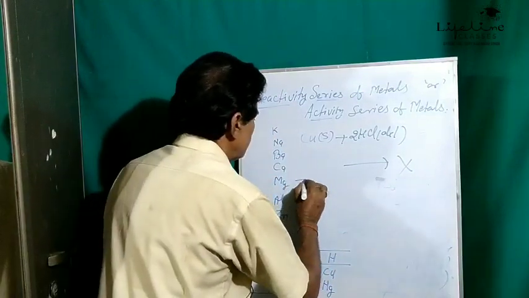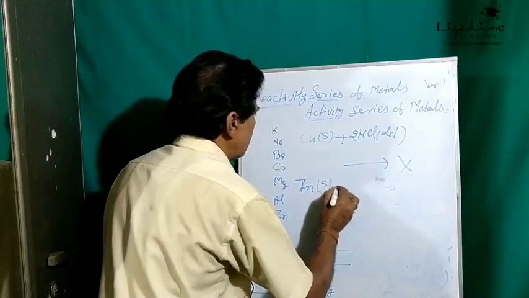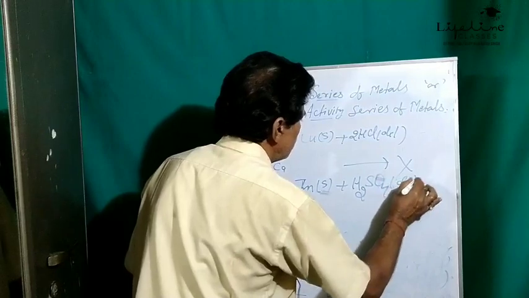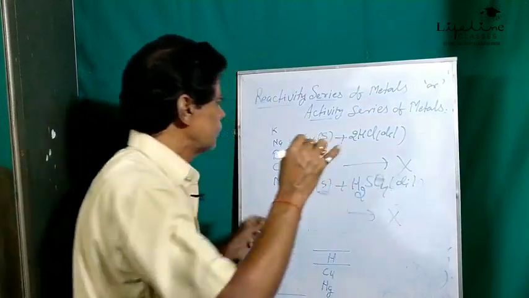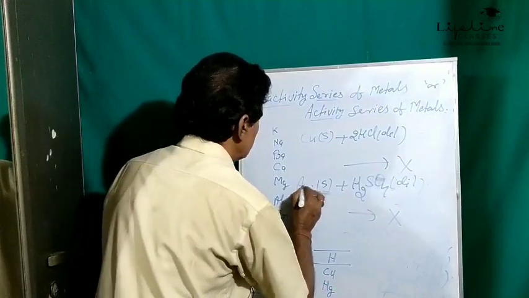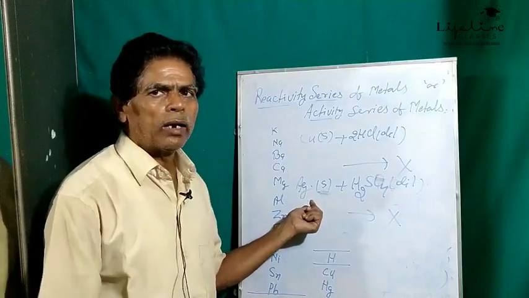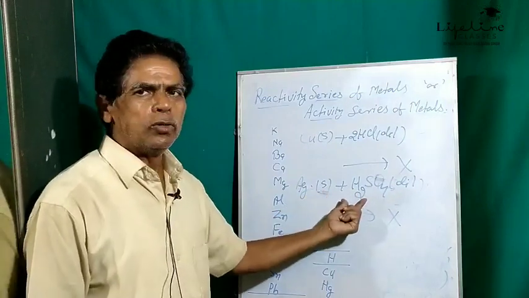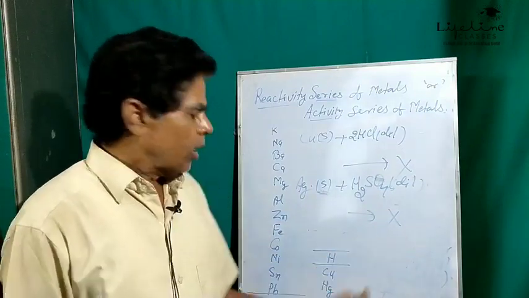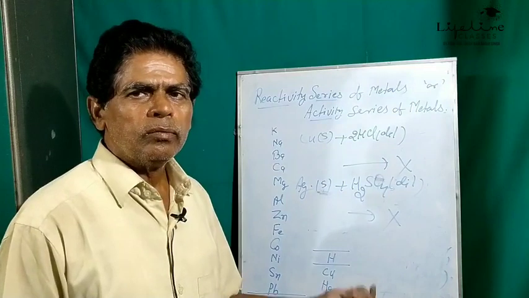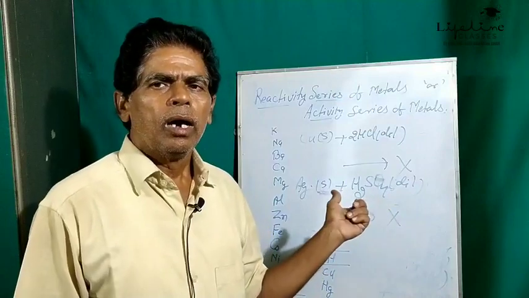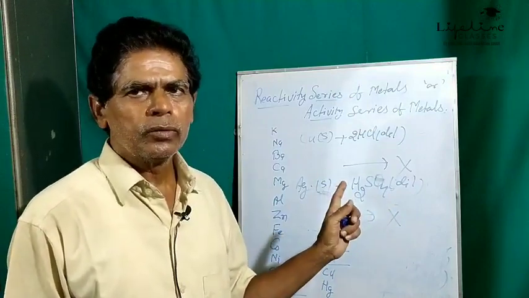Similarly, when silver is added to dilute sulfuric acid, no reaction would occur. In the same way, gold, platinum and mercury do not displace hydrogen from the dilute acids.